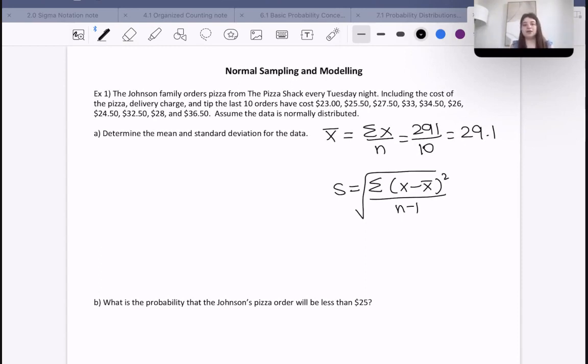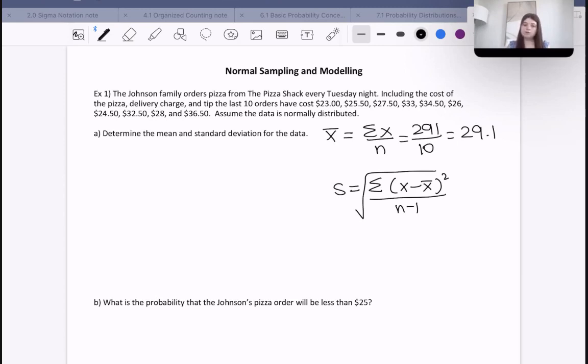I'm sure the Johnson family, if they order from Pizza Shack every Tuesday night, don't only do that 10 times, then stop. They're just saying this is the last 10 orders, but they will continue to do this after these 10 orders, and they also did this before. Tuesday night is just, in general, pizza night for the Johnson family. So, because this is only a sample of all the times the Johnson family's ordered pizza, that's why we must put n minus 1 in the bottom rather than n. So do make sure to do that, otherwise you won't get the correct answer.